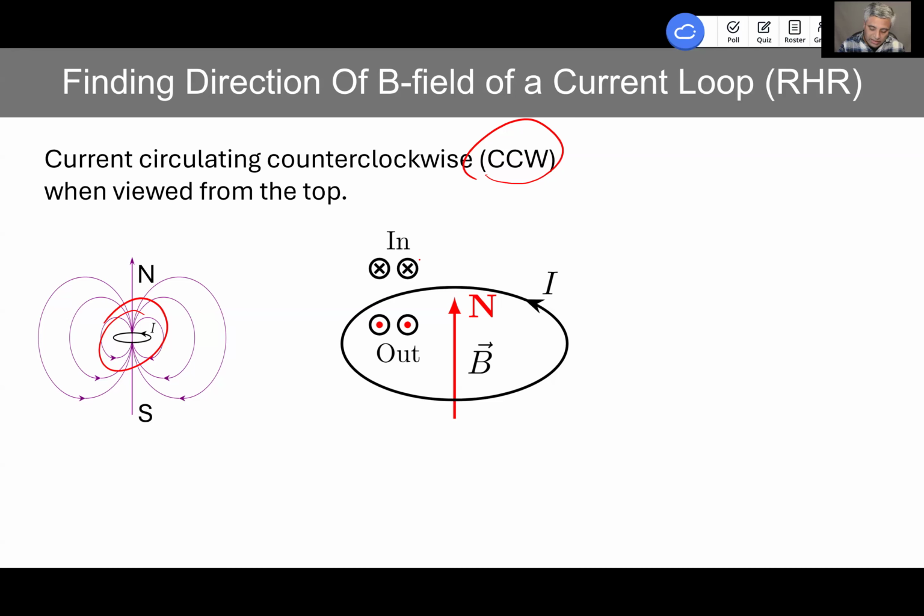So if we draw something like that, that means the field is going into the plane. I'm drawing this in two dimensions. So field lines are coming out and going in and circling like that. It's hard to visualize and becomes messy, so we do something like that.